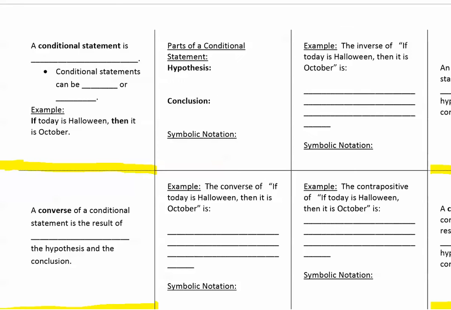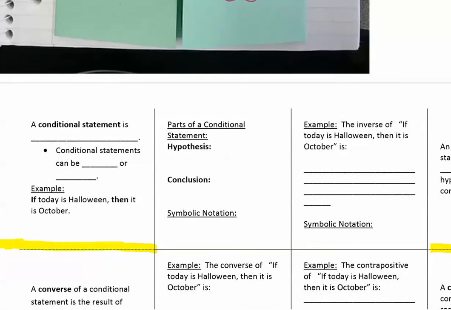All right, so what are conditional statements? Conditional statements are things that you use all the time. Basically, it's any statement that is of the form, it's an if-then statement. So if, then statement. Didn't really space that out very well.